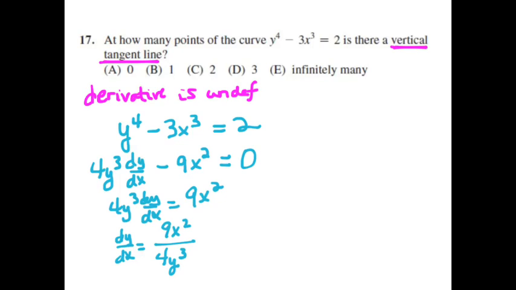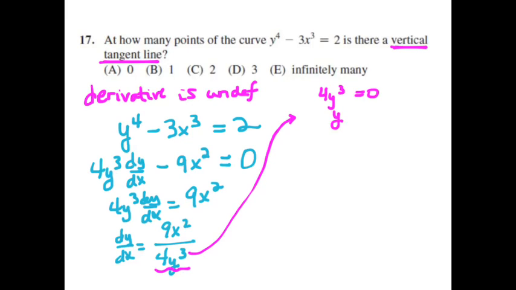Okay, so there's our derivative. And I want to know when this derivative is undefined. And since it is a rational expression, I know that rational expressions are undefined whenever the denominator is equal to 0. So I'm going to take that denominator, 4y cubed, equal to 0.